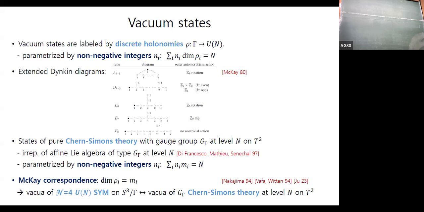Sorry, just to say again for the Z_K case, what are the various twisted sectors and the one-to-one correspondence with what? If Gamma is Z_K and you have SU(K) Chern-Simons theory at level N on the torus. So in SU(K) Chern-Simons theory the representations are labeled by Young diagrams whose rows are not larger than K. Right?